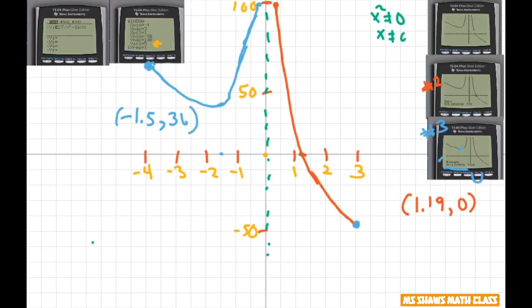Okay, the next part, we have to do the tangent line to the graph. That means take the derivative, and they want you to do it at this point. So all you have to do is go to second trace. It's the same thing. You're going to second trace, which is calculate, and hit number 6.